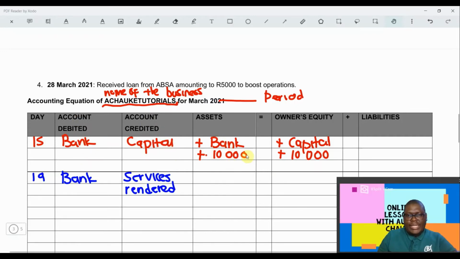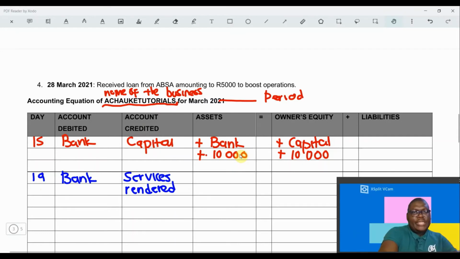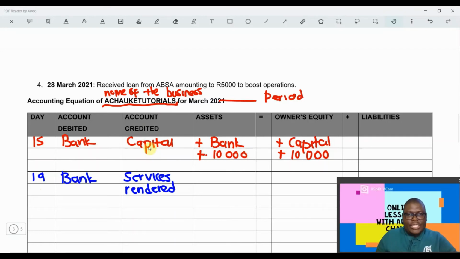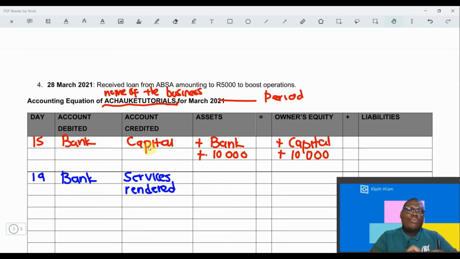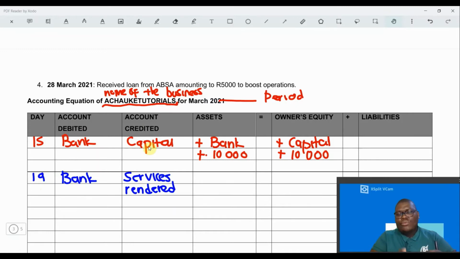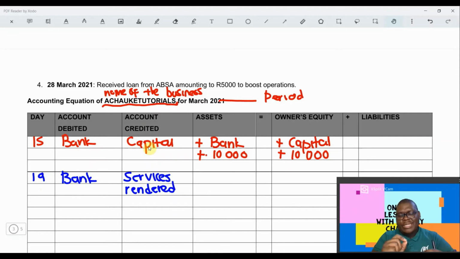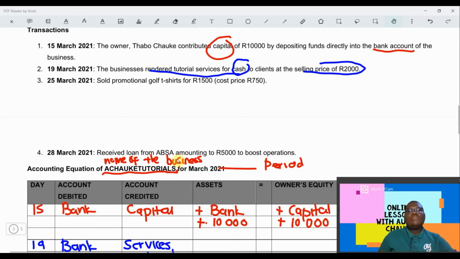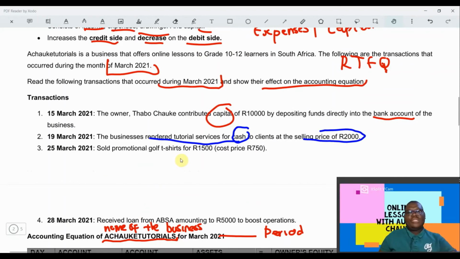They will want you to show it like this, and then maybe this part where there's account debited and account credited will not be there. So I'm doing this just so that you can know both ways. They won't ask you to do it in these two ways. They will choose one way, either you showing the effect on the element plus the effect of the account affected, and then also the amount that affects that particular element. That's it.